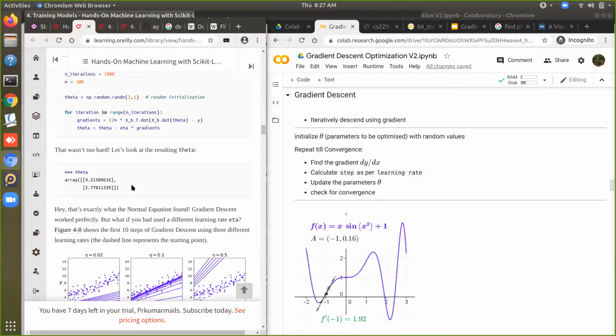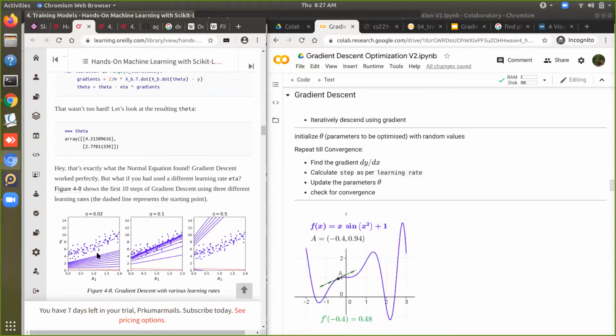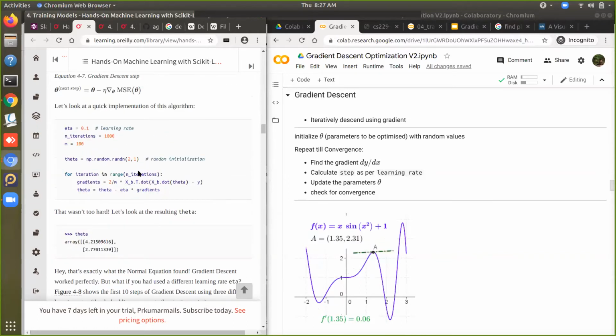Okay. Then what happens when the learning rate is 0.02? The model starts from the red line in the graph below. When the learning rate is 0.02, it will learn from here till here, because we specified iterations, 1000 iterations.